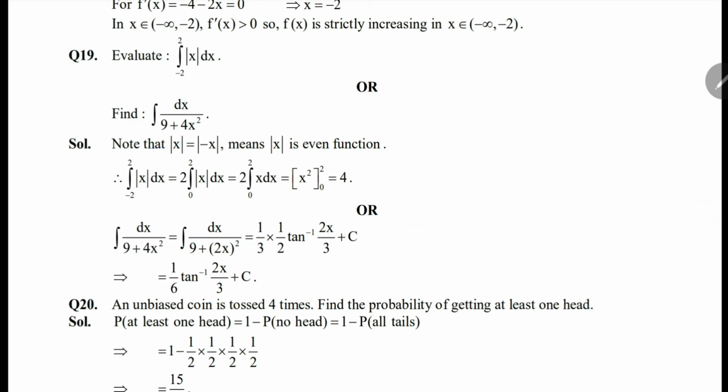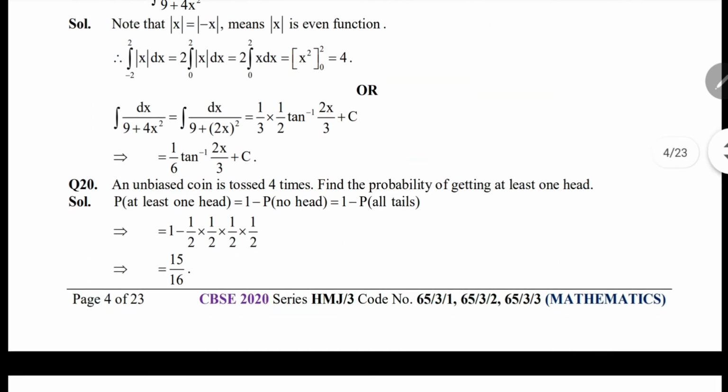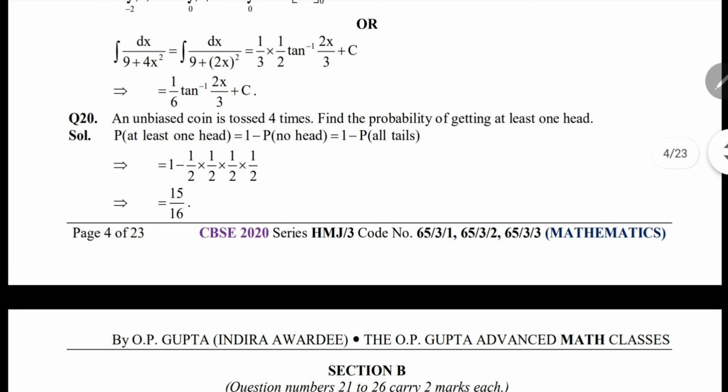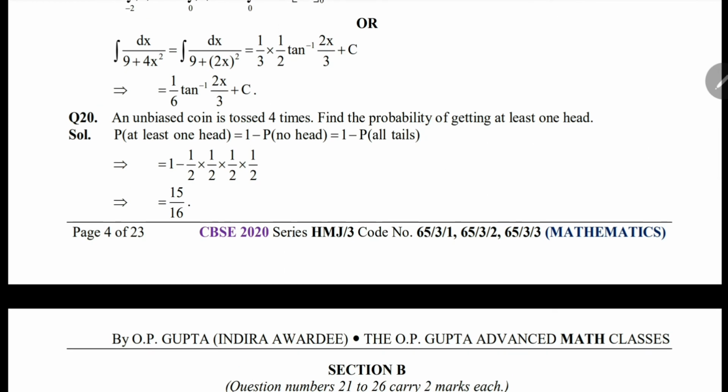Now we have the last question of section A. It is from probability. An unbiased coin is tossed 4 times, means total possible outcomes will be 2 to the power 4, that is 16. Find the probability of getting at least one head. Probability of at least one head can be obtained by 1 minus probability of no head.